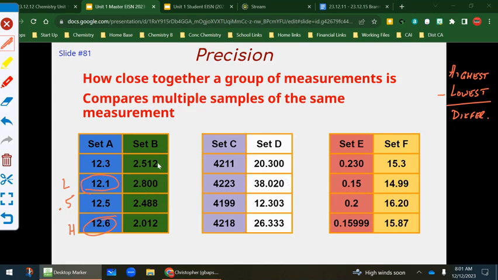Now, the numbers in set B compared to the numbers in set A are more precise. Why? They go further beyond the decimal, but that's not what we're looking for here. What is the highest value in set B? This is the highest. What is the lowest? This is the lowest.